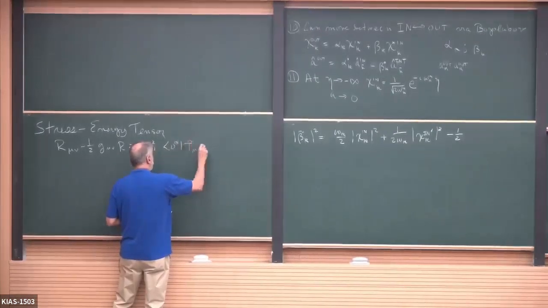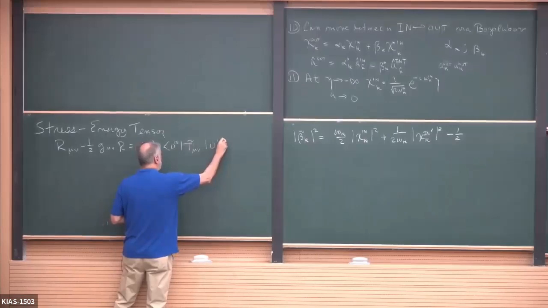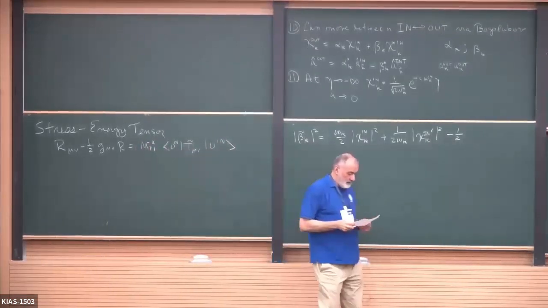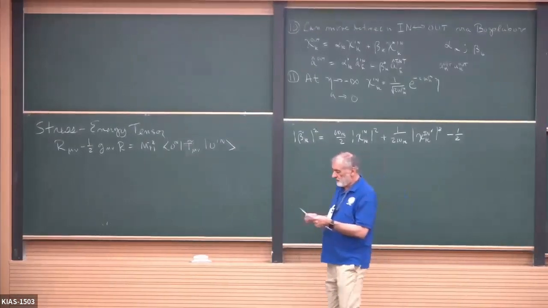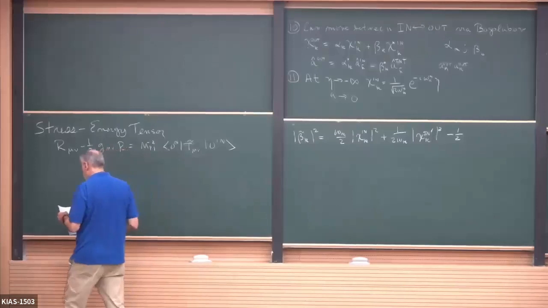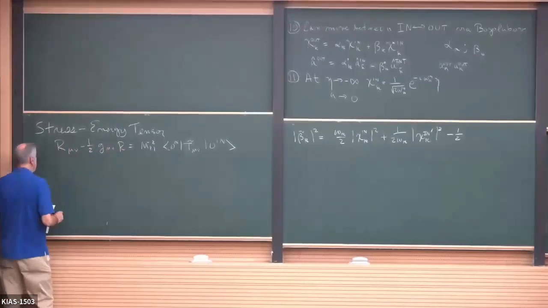And this is an operator, because we're doing quantum. We can use the Hilbert action to calculate T mu nu.